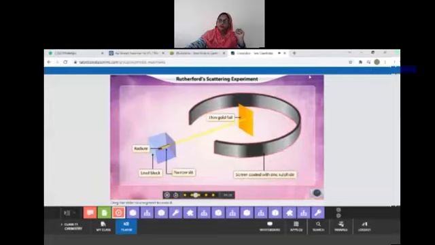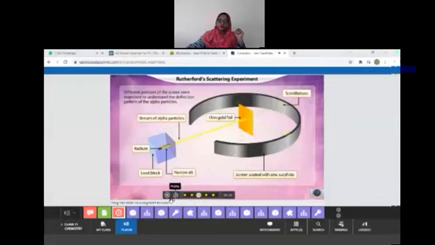A movable circular screen coated with zinc sulfide was placed around the gold foil. The alpha particles struck the gold foil and got scattered. The scattered alpha particles were detected by the zinc sulfide screen in the form of light flashes or scintillations. Different portions of the screen were then examined to determine the deflection pattern of the alpha particles.